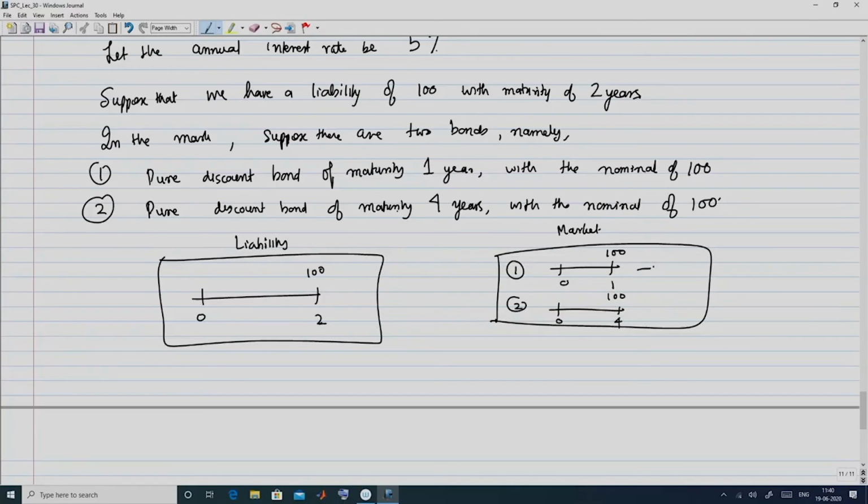And the question is, of the initial amount of money that I have, namely 90.70, what proportion should I invest in the first bond with 1-year maturity, and what proportion or weight should I assign to the second bond with the 4-year maturity. So, let me call this bond 1, as I have just said, and this is going to be my bond 2.